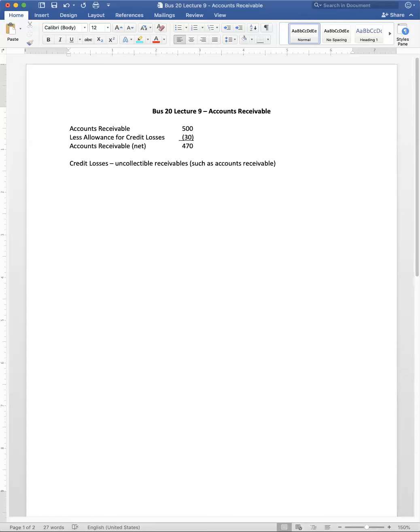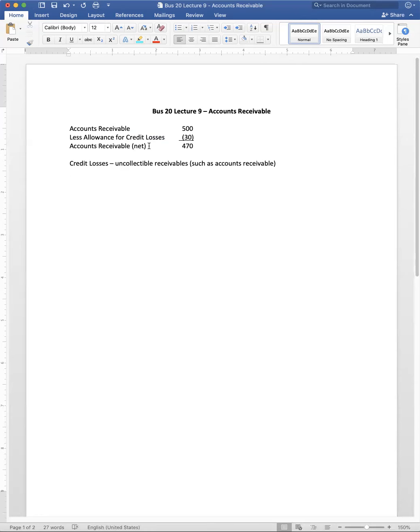Allowance means money or something put aside, right? Like if somebody's having issues and you say, I'm making allowances for you, right? That's the meaning of the word allowance that we're using here. So we're putting something aside, an allowance for credit losses. That is, losses from the receivables that cannot be collected.